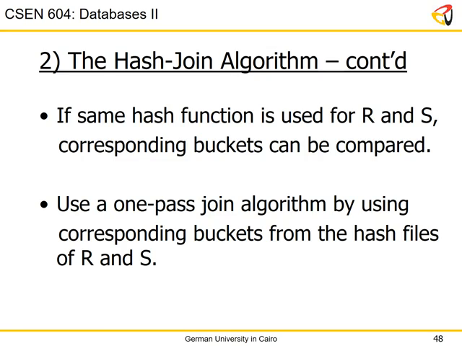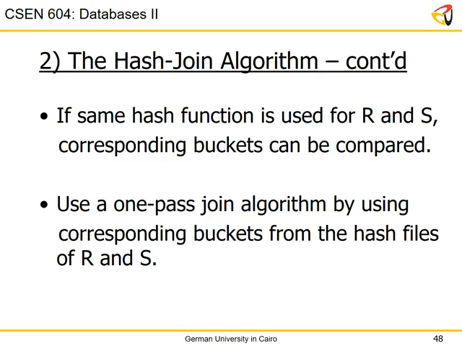So if I see in r.y the value 50, and I pass it to the hash function, and I get as an output from the hashing function the number 7, which means I'm going to put this value 50 in bucket number 7. If in s.y there is 50, I use the same hash function, so I'm going to also get 7.